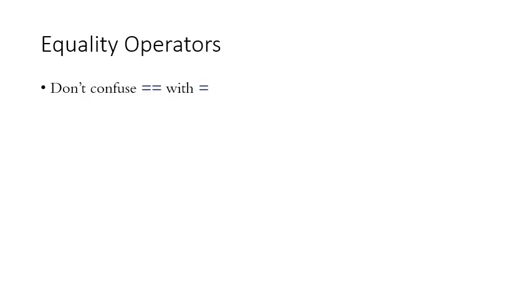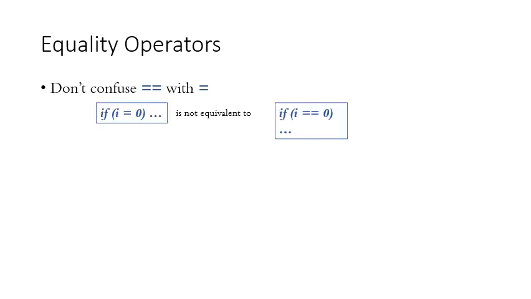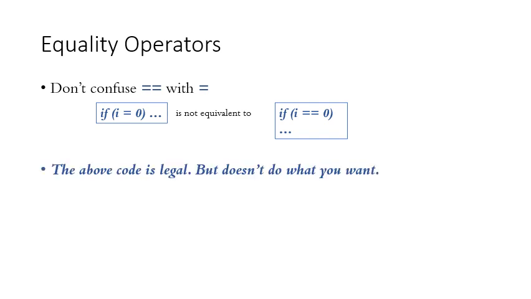Okay, so again, don't confuse yourself with == and the single =. if (i == 0) is not equivalent to if (i = 0). So the above code is legal but doesn't do what you want. Why?